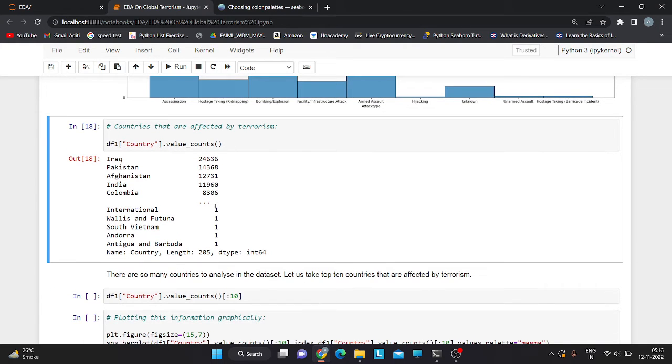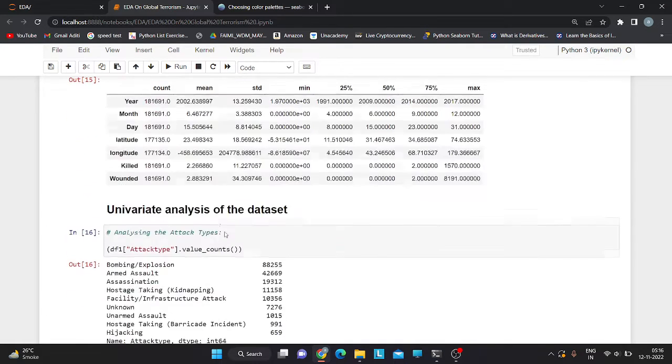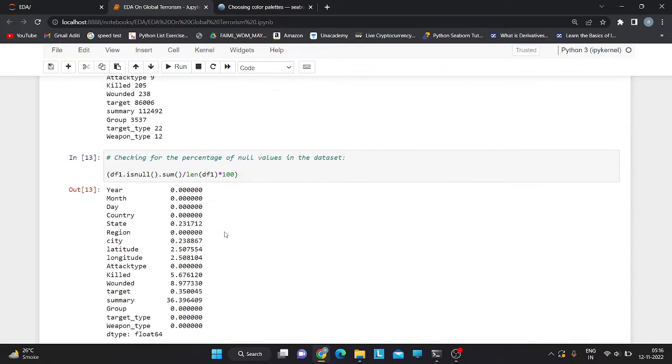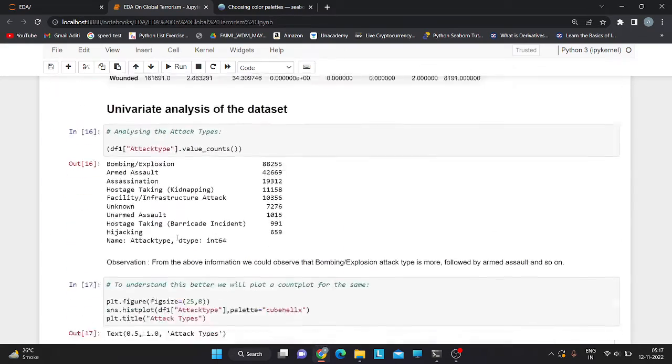That's why only a few are mentioned here. There are so many countries in the dataset. I have seen that there are 205 countries, as we saw when we ran the for loop. Yes, 205 countries were there.